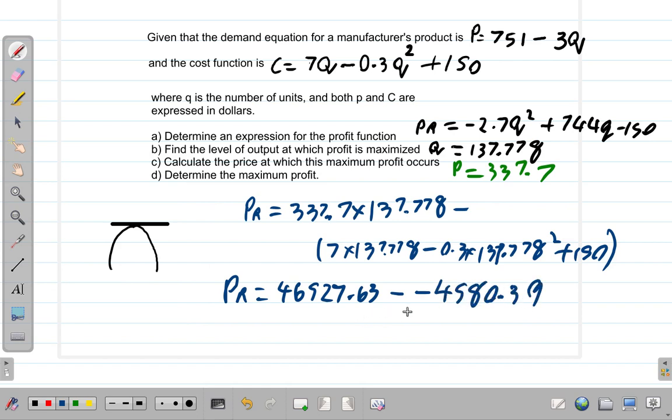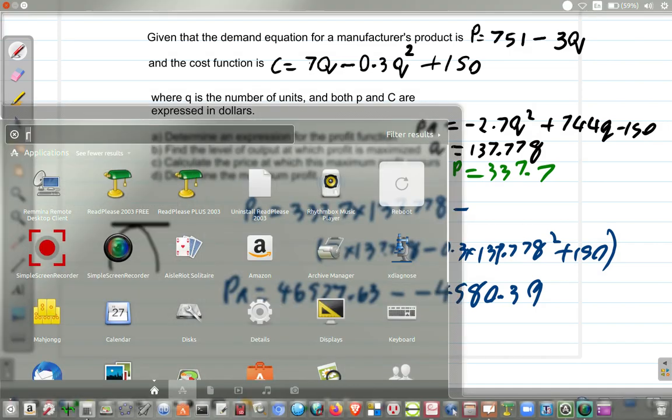Minus a negative, so it ends up as a plus.